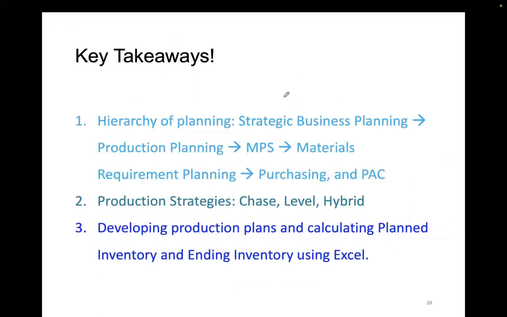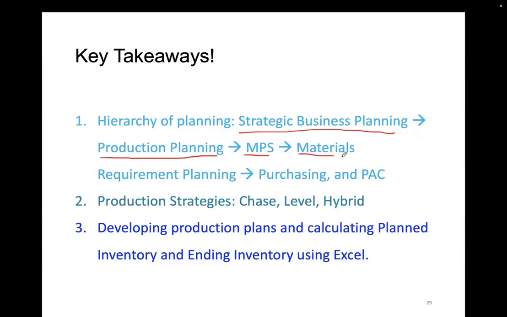So here are some key takeaways. In this lecture, we discussed hierarchy of planning. In strategic business planning, the main idea is that there is top level planning, planning about products, about market, and about growth strategies. And then production planning, that is about planning the family of products. And then MPS, that's about planning of individual items.